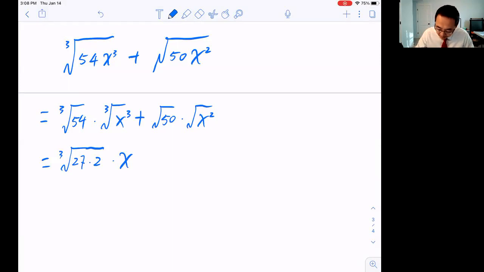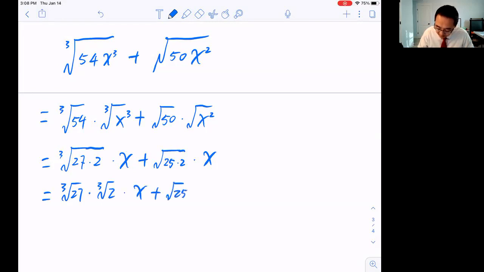And plus the square root of 50 equals 25 times 2 times x here. And that gives you the third root of 27 times the third root of 2 times x plus the square root of 25 times the square root of 2 times x, right?